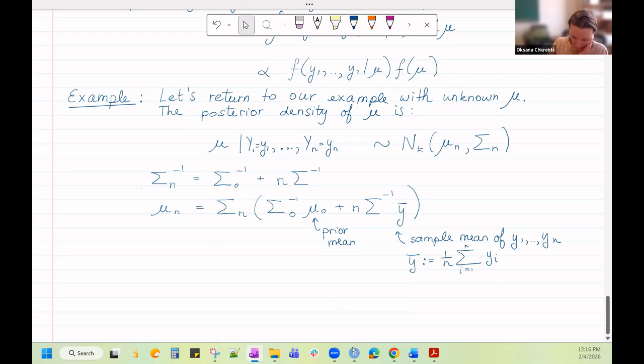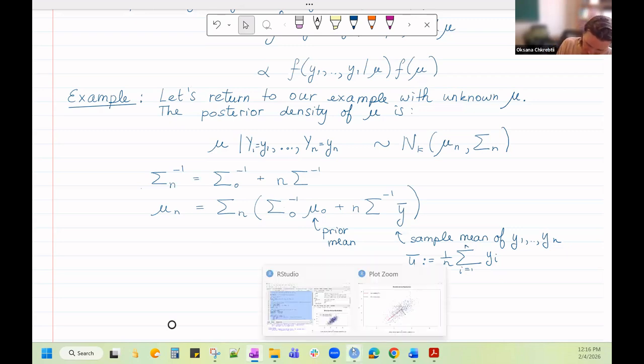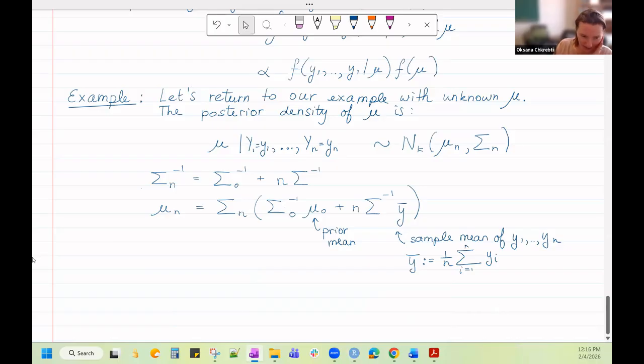Let's very quickly look at the final R code, which is going to demonstrate what the posterior, prior, and likelihood look like for this example.